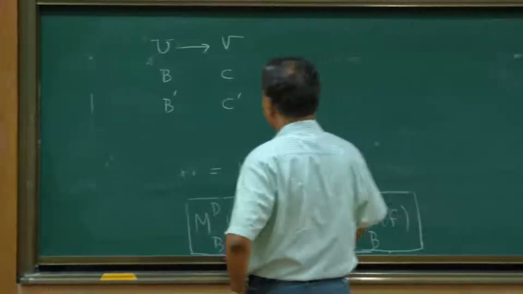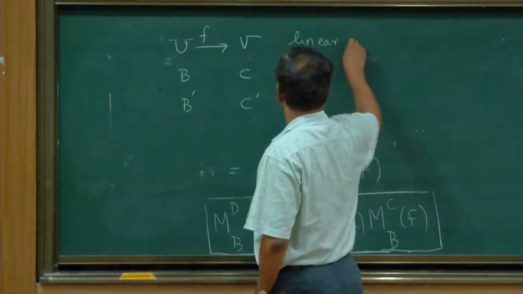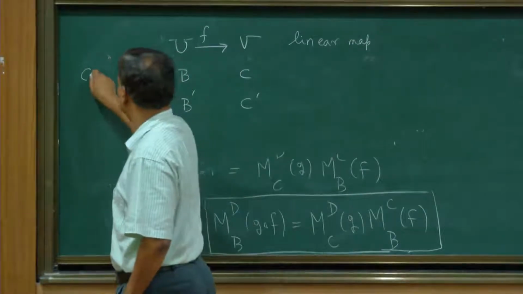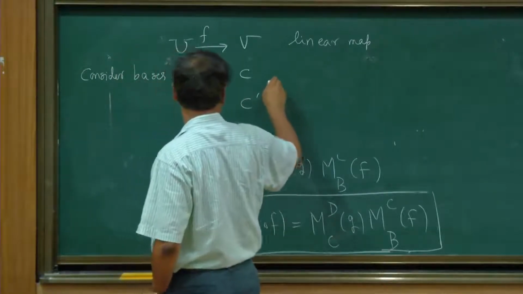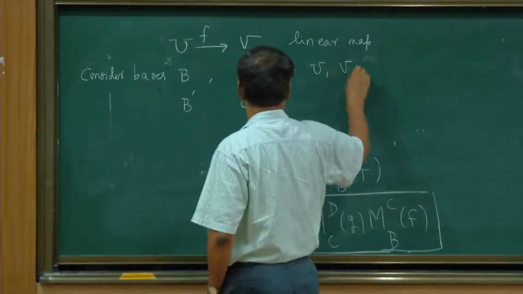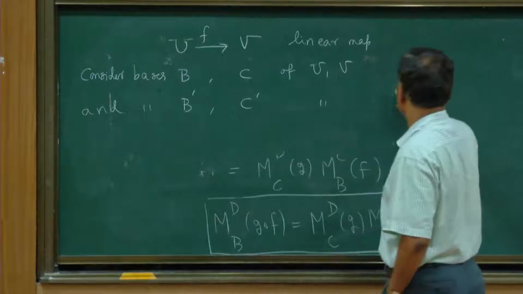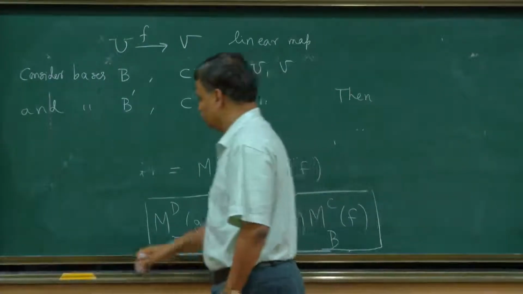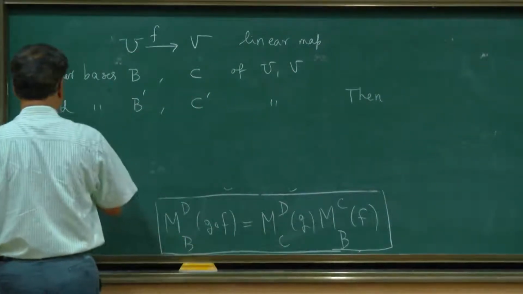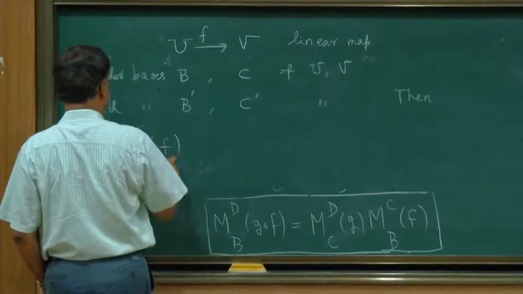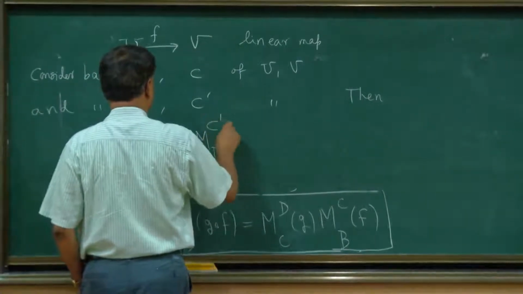So let's suppose F from U to V is a linear map. Consider bases B, C of U and V, and also bases B prime, C prime of U and V. Then how do I describe the relation between the matrix of F with respect to BC and the matrix with respect to B dash C dash?